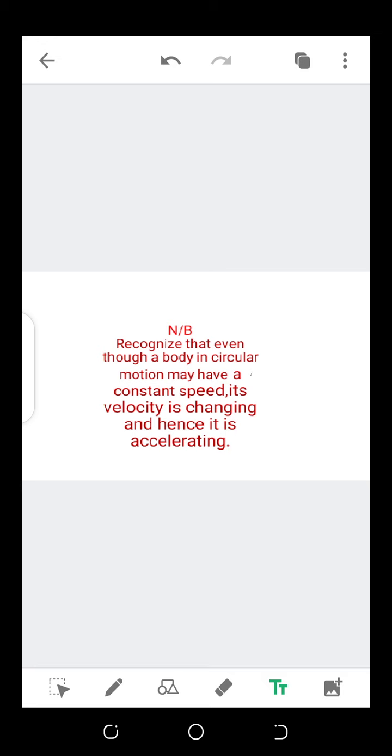Never say that the acceleration is zero, because you can argue from linear motion in Form 3, topic 1, and you will be right. But in this case, the velocity changes due to change in direction, because when you're moving around, you will not be at the same point every time. So recognize that even though a body in circular motion may have a constant speed, its velocity is changing, and hence it is accelerating.